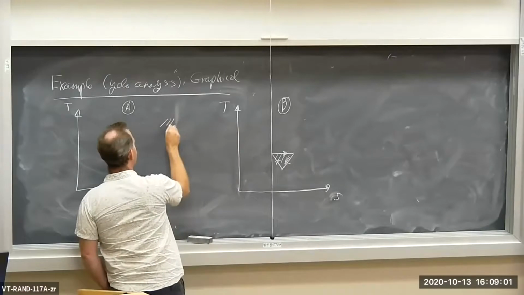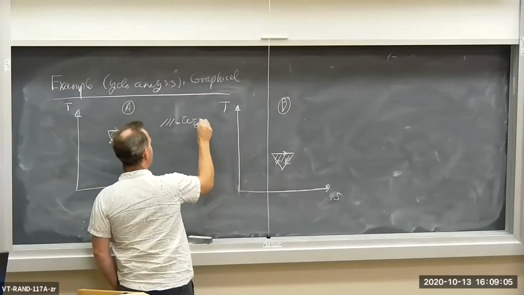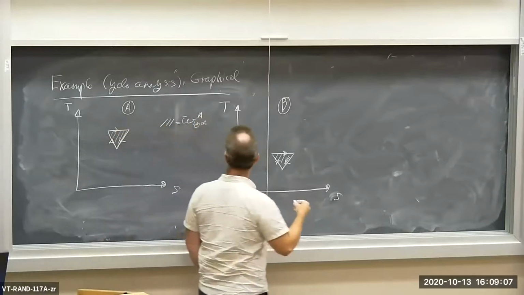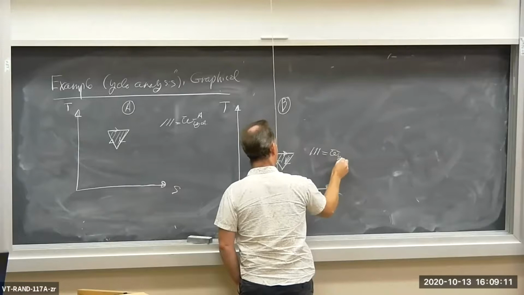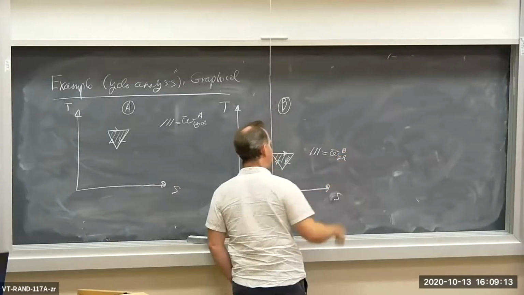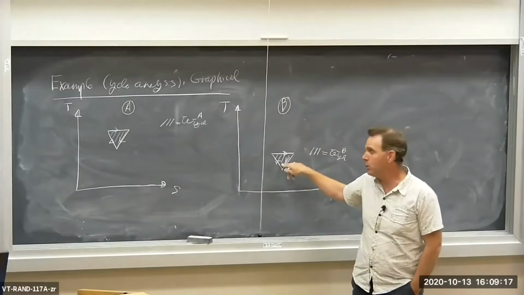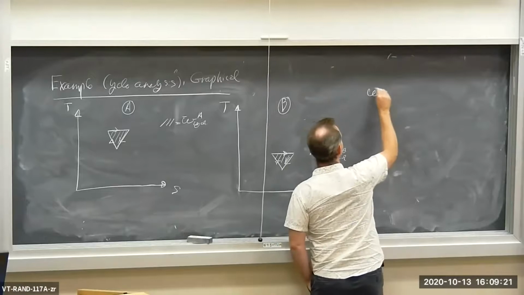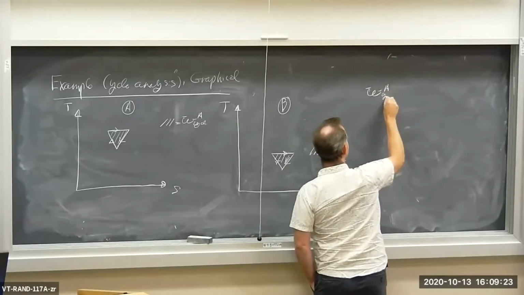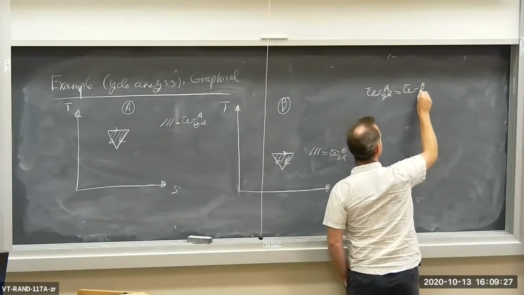So this equals the cycle work for cycle A, and this equals the cycle work for cycle B. Notice these triangles are approximately the same shape. They are the same shape. So I have the cycle work for cycle A equals the cycle work for cycle B.